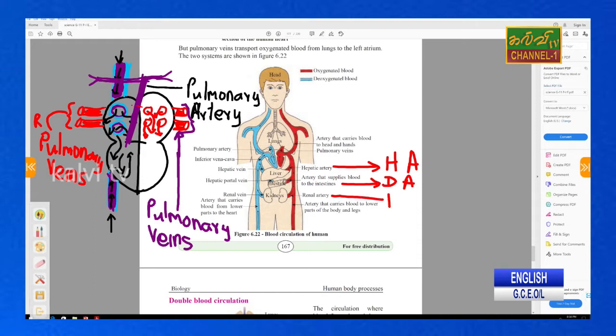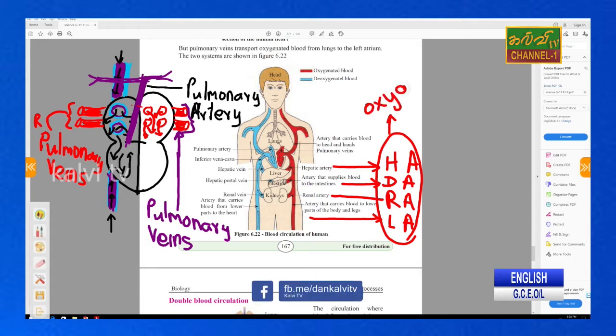This is the artery that carries blood to the lower part. So most of the arteries in red color carry oxygenated blood.